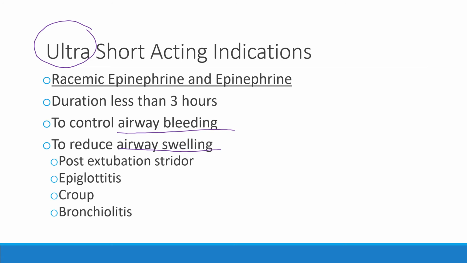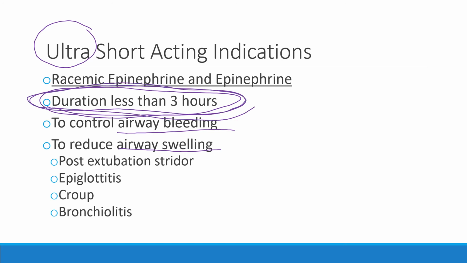The definition of ultra short acting means less than 3 hours before the medicine is metabolized and exits their system. These are drugs to reduce post-extubation stridor or epiglottitis, croup, and bronchiolitis, and that would include racemic epinephrine. Racemic epinephrine can be aerosolized, nebulized, or instilled down the endotracheal tube.